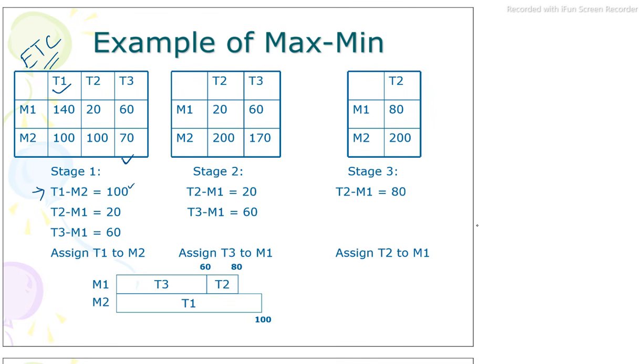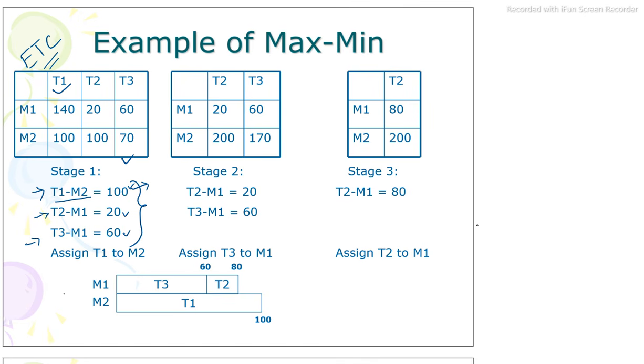Similarly for task T2 it is on M1, that is 20. Similarly task T3 it is on M1, that is 60 units of time. After that we need to choose the maximum among these three minimums. The maximum among these three minimums is 100. So this is the first schedule, T1 will be allocated to M2.